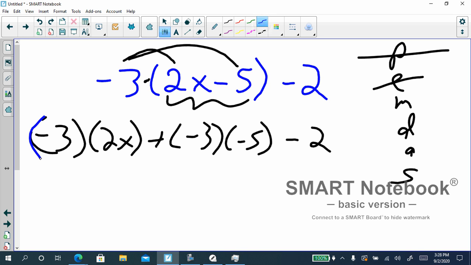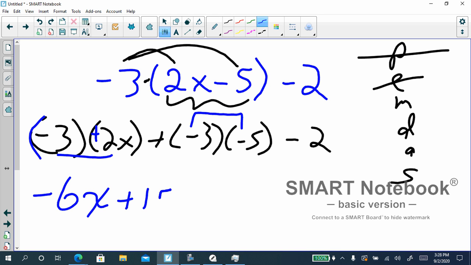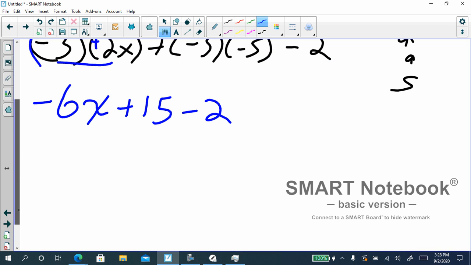A negative times a positive is negative. 3 times 2 is 6x. Negative times negative is positive. 3 times 5 is 15, and then we bring down our 2. So you end up with minus 6x. 15 minus 2 is 13.